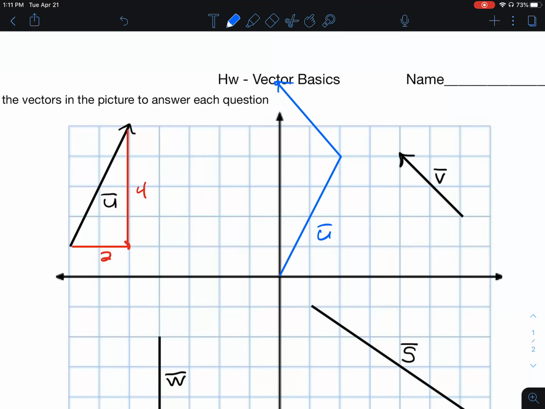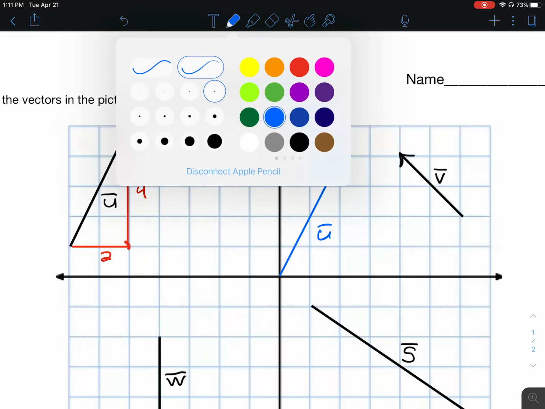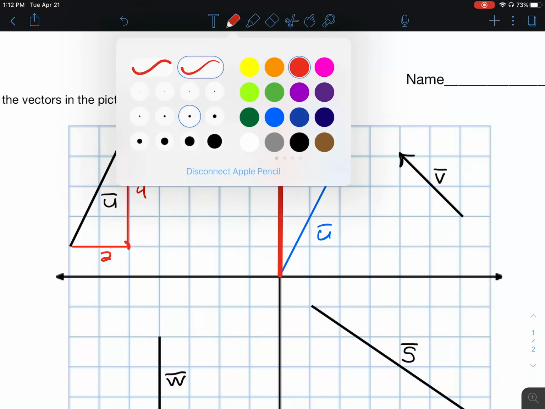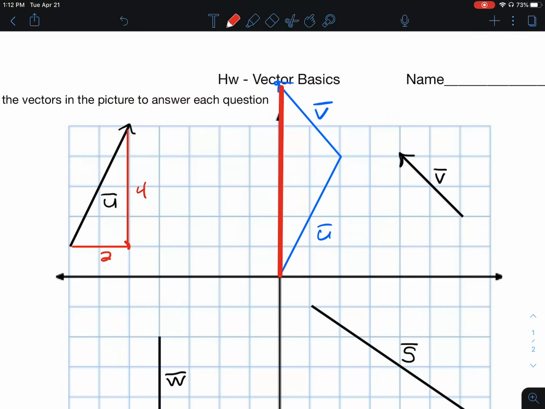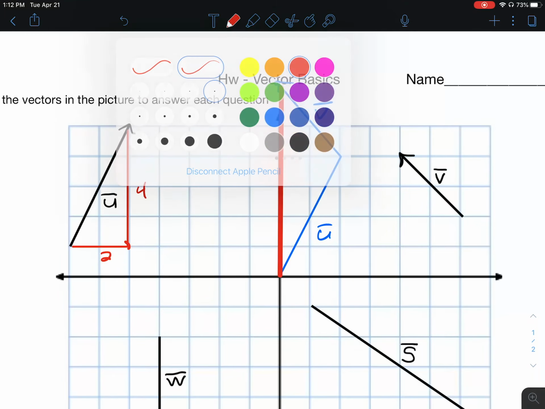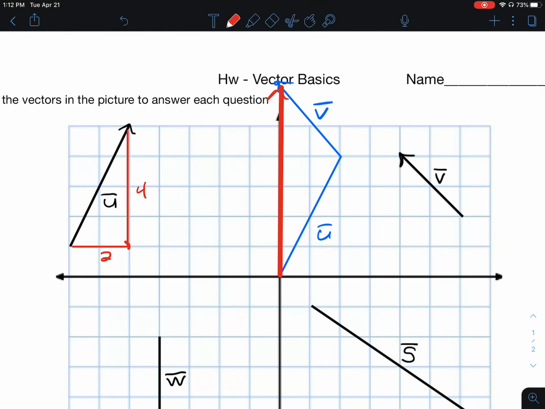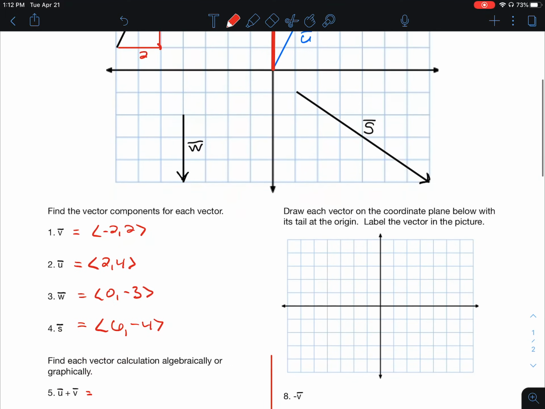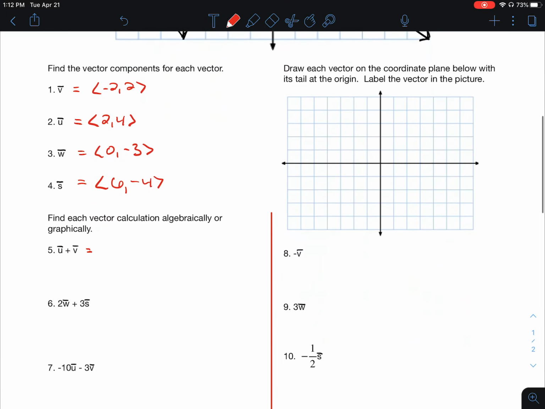The resultant vector be this red vector here, which looks like it just went up 1, 2, 3, 4, 5, 6, goes left to right 0. So the resultant of that is going to be 0, 6.